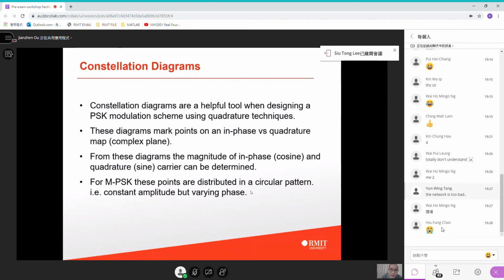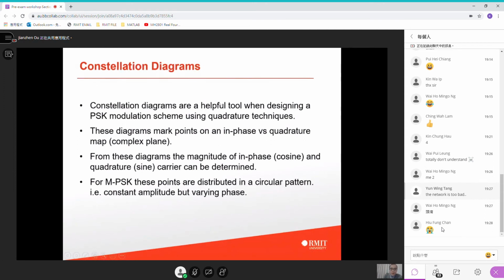For me, it's not worth spending that much time on. What you should try to understand is the constellation diagram. It's much more useful because it gives you a visual understanding of the modulation's behavior.